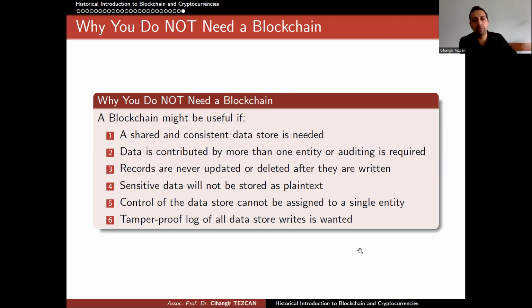So if you want to use a blockchain for a scenario, you have to answer yes to all of these questions. If you can say no to even one of them, then most probably you don't need a blockchain. Maybe you can solve that problem more efficiently using other known techniques.